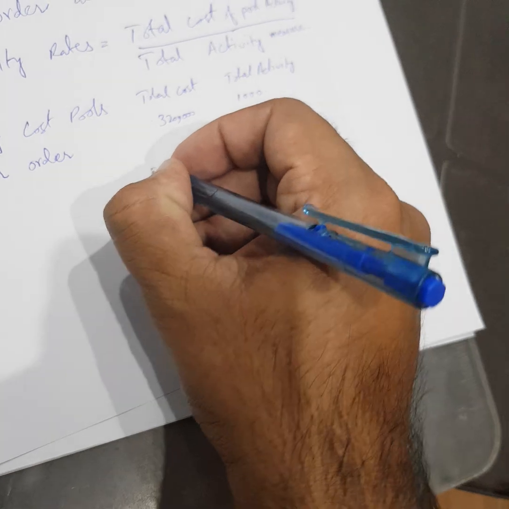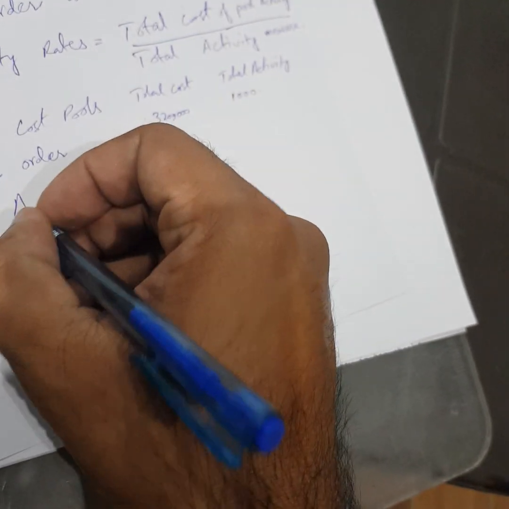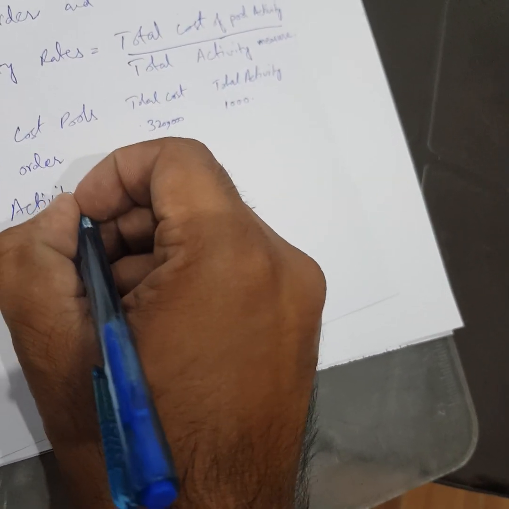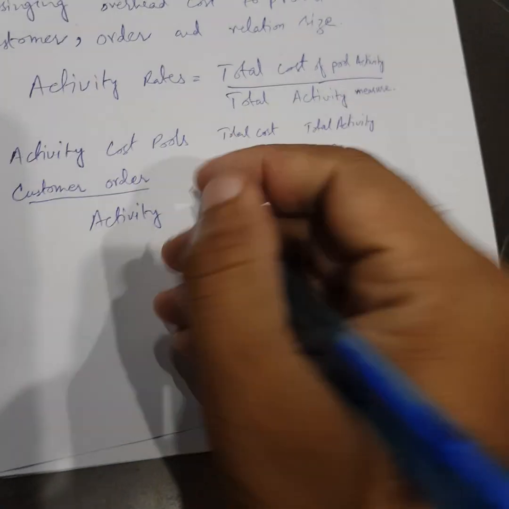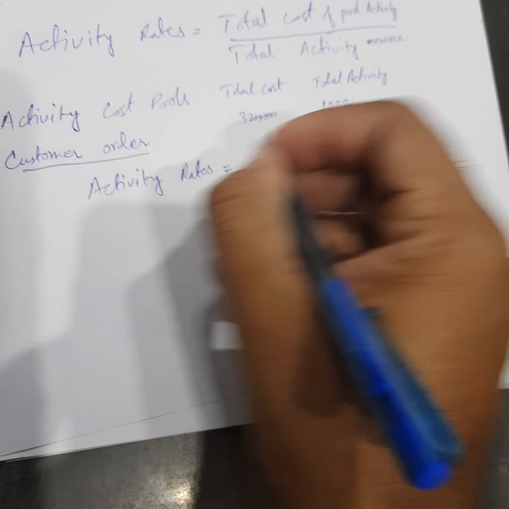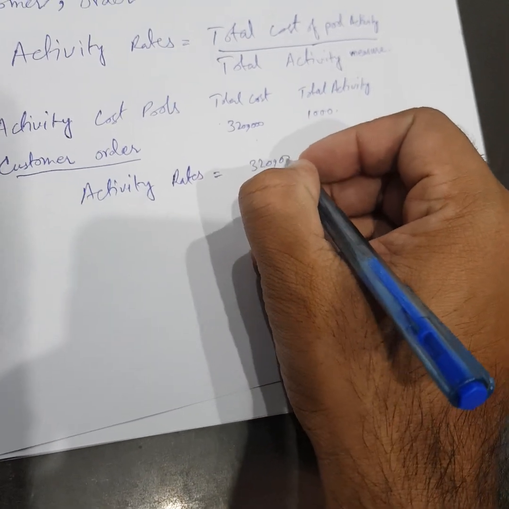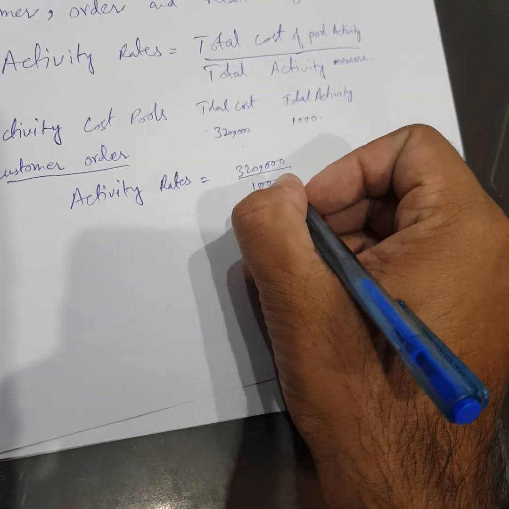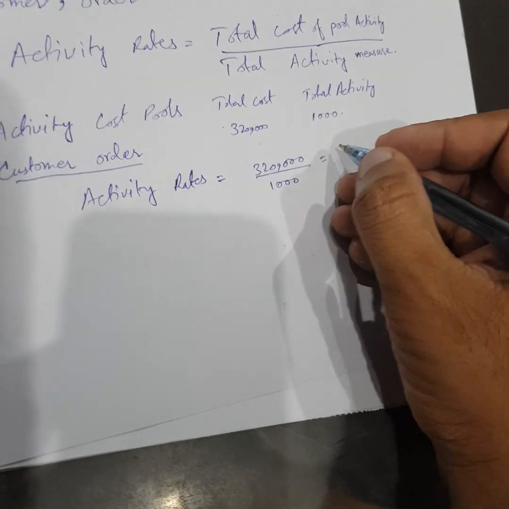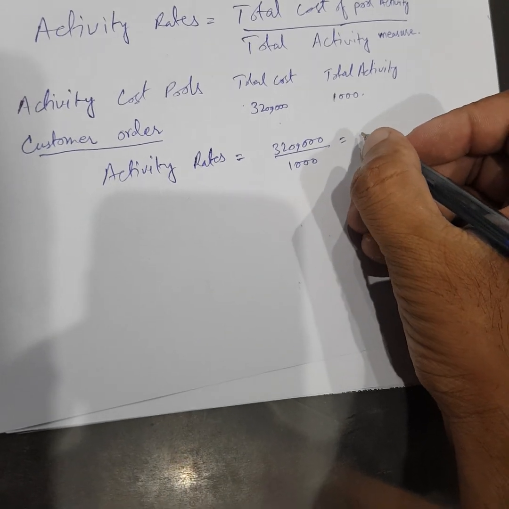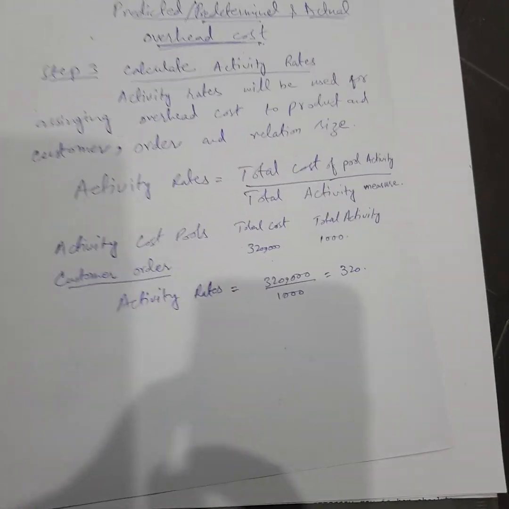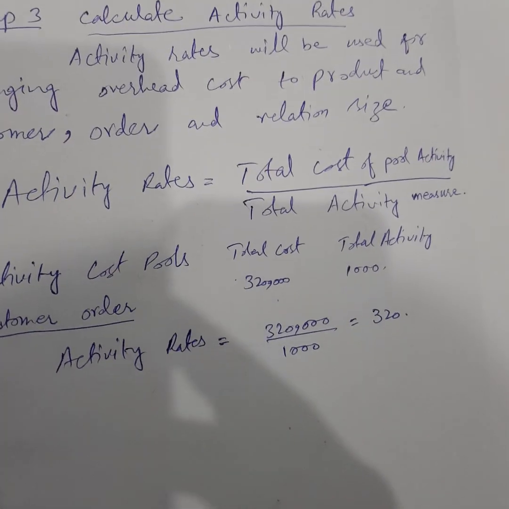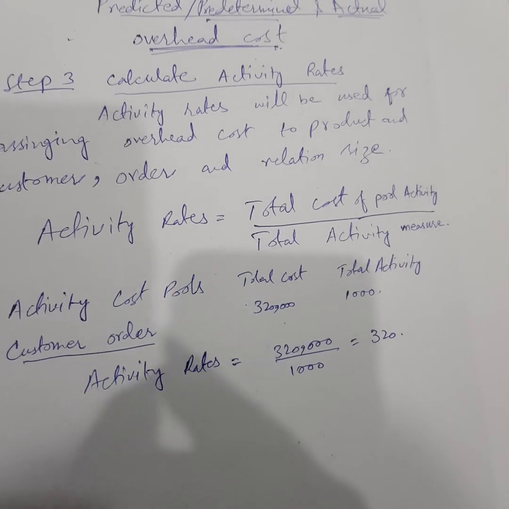So our activity rate to process and take a customer order will be 3,20,000 divided by 1,000. The activity rate per order will be 320. This is the method to calculate the activity rate.